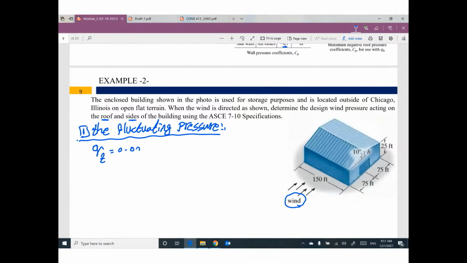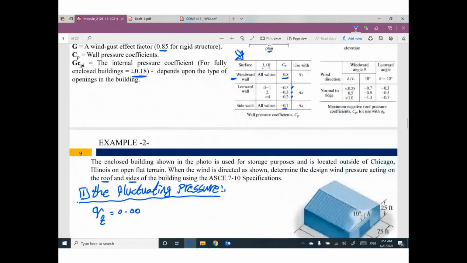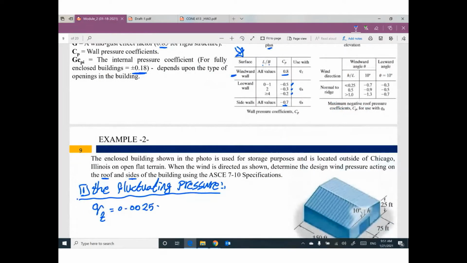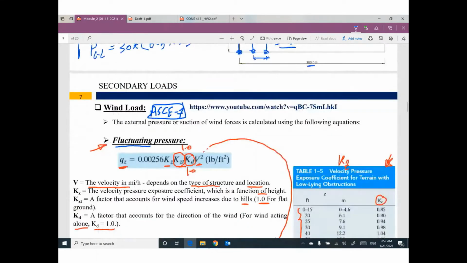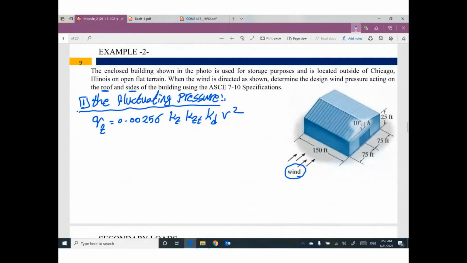It equals 0.00256 Kz, Kzt, Kd, and V squared. One by one. 0.00256, Kz is variable. Kzt will be 1, Kd will be 1, V squared.